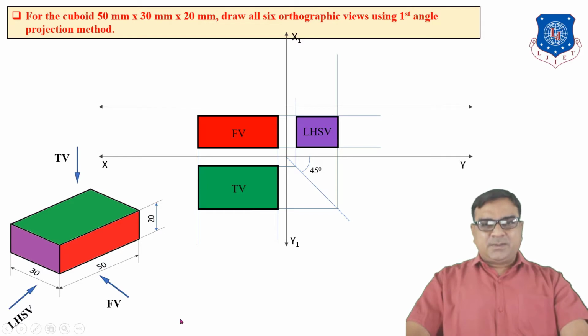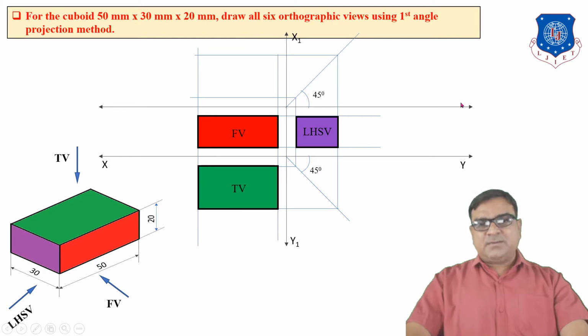Now what about remaining views? Now bottom view is always below front view. So for bottom view, you have to draw again one reference line parallel to XY and 45 degree from intersection of XY and X1Y1. Project vertical up to 45 degree, then horizontal and vertical from front view. So this is bottom view.